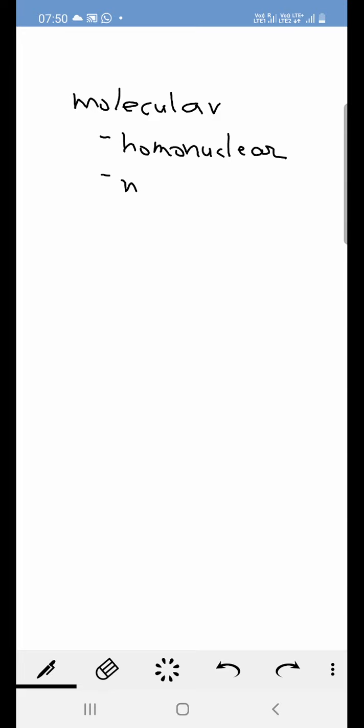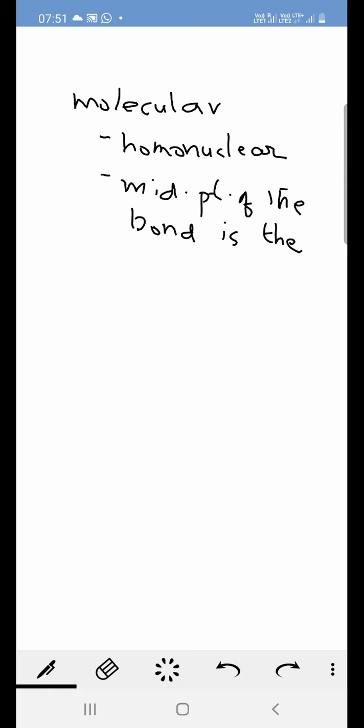Now, if the molecule is homonuclear, then the midpoint of the bond between them is the center of symmetry.